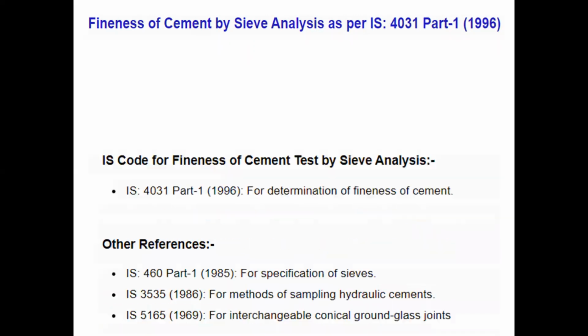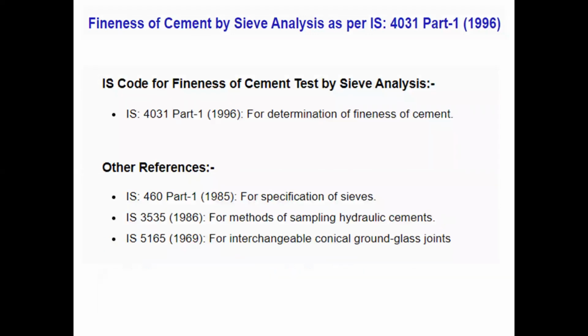The fineness of cement by sieve analysis as per IS 4031 Part 1, year 1996. The IS code for fineness of cement test by sieve analysis, known as IS 4031 Part 1 of year 1996, for determination of fineness of cement.